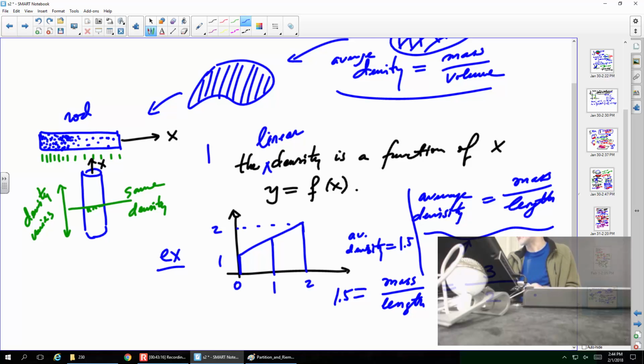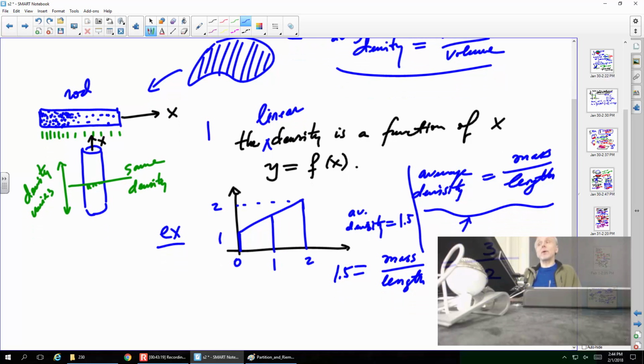So the mass appears to be 3, even though we usually go the other way, right? You have mass and you have length or volume, and you divide, you get your average density. But this time we went the opposite direction. From a linearly, continuously changing density, we got to its mass, and it turns out to be 3. What's the meaning of 3? Can you see 3 on this picture?